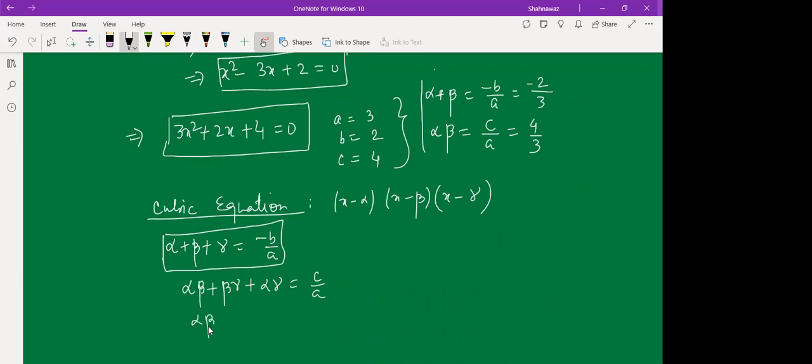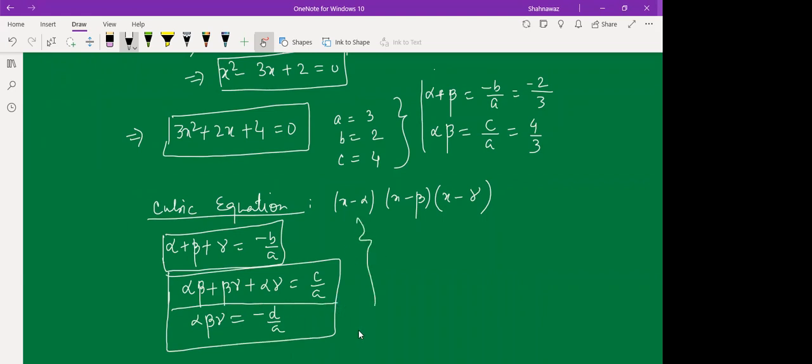And the product of all these three roots will be minus d by a. So this was the relation in case of a cubic equation, right?